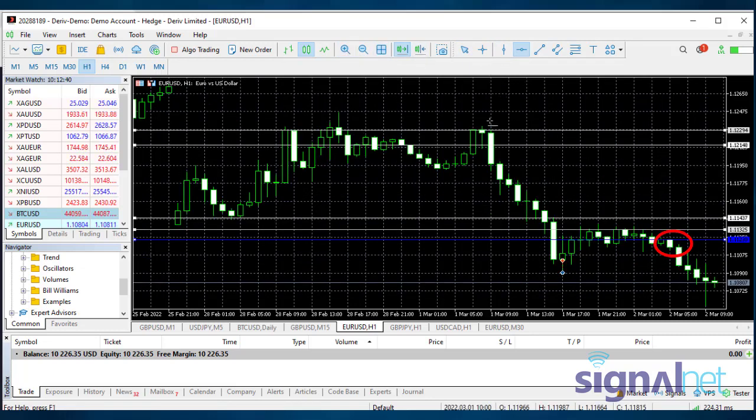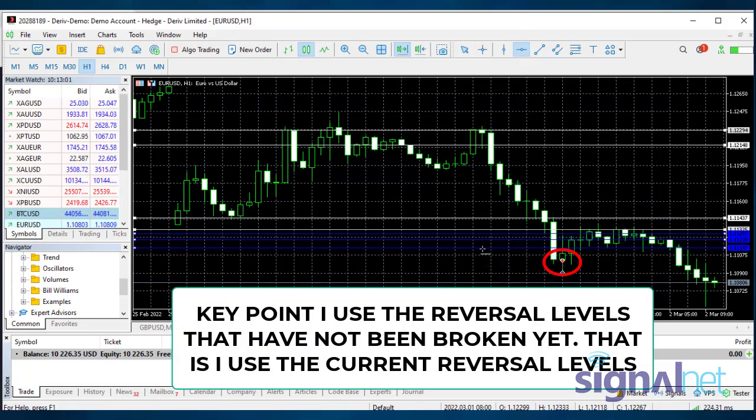Okay, so I think I can also find another one here. That is this point here and this point here. This one has already been broken, but anyhow, let me still put it sharp, because we try to use the current reversal levels that have not yet been affected.